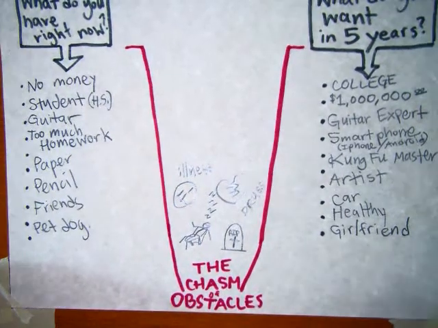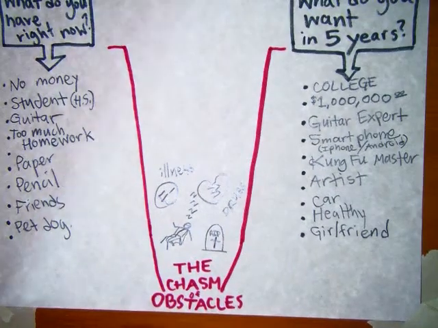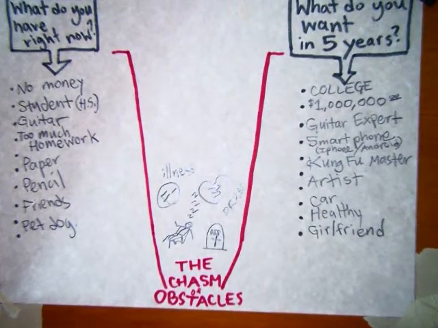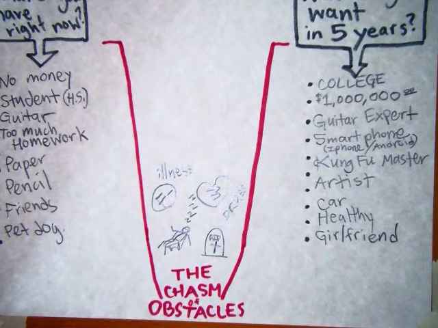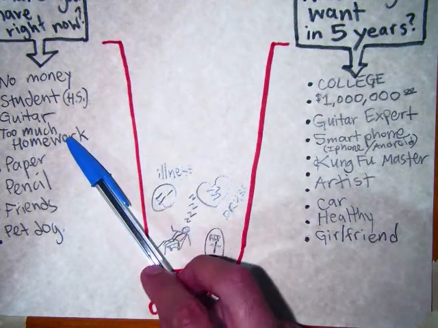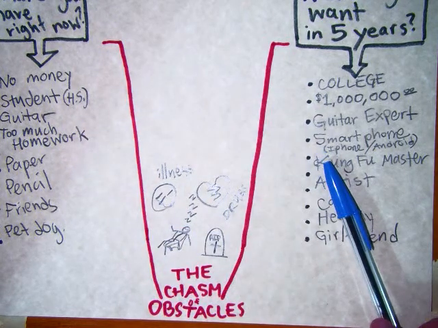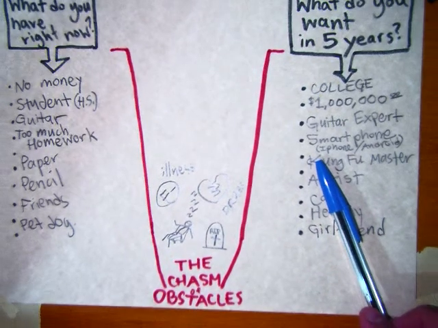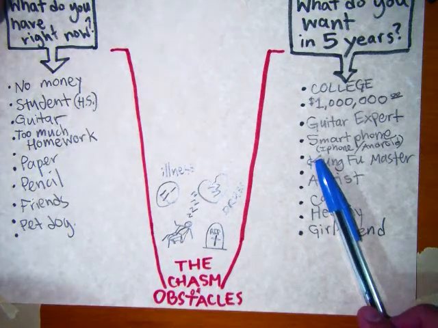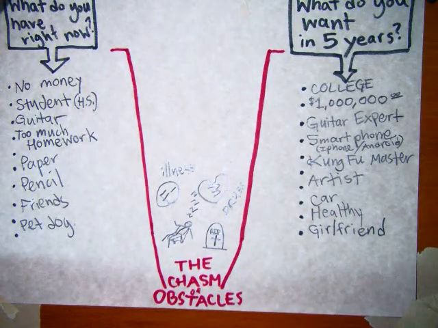So what we need to do now is figure out how are we going to get from here to here. And that's where we build a bridge. But this bridge is like an all-purpose bridge kind of deal.